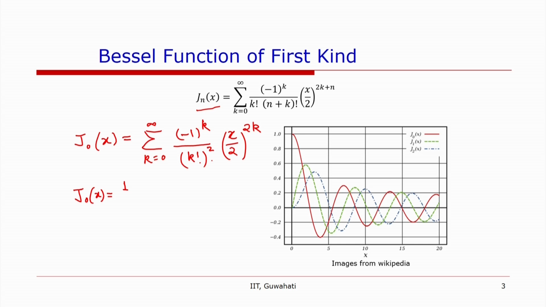For k equal to 1, we get minus 1 over 1 into x by 2 squared.